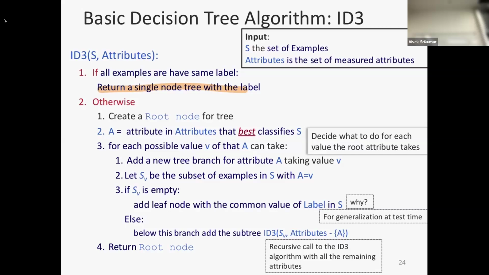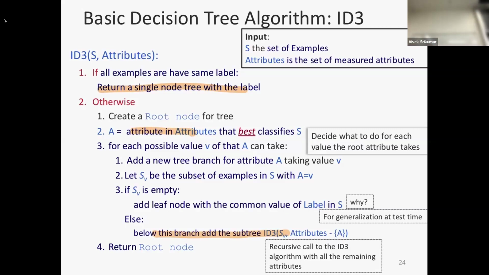So building the root is equivalent to deciding a single attribute that best classifies the data, partitioning the data into subsets according to the different values that the feature takes, and then underneath that, growing subtrees using only the subset of the data corresponding to that feature value. So that's the recursive call here. Below that, you add the subtree. We went through this in some detail.